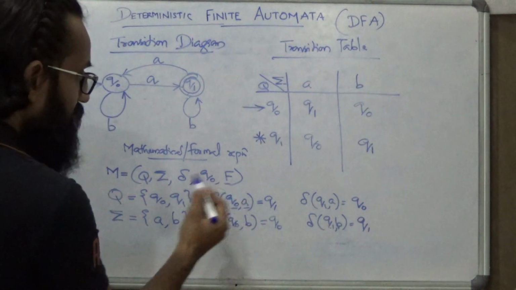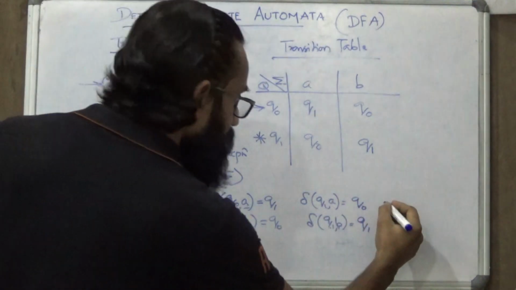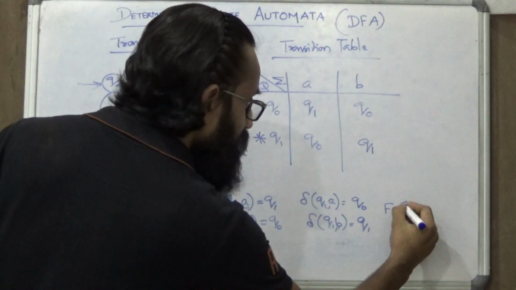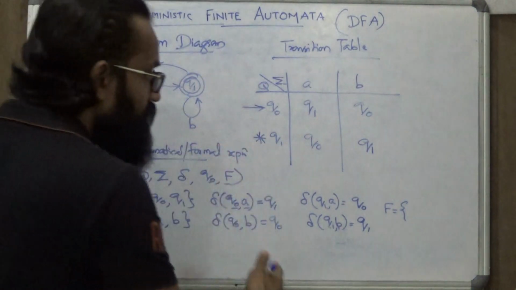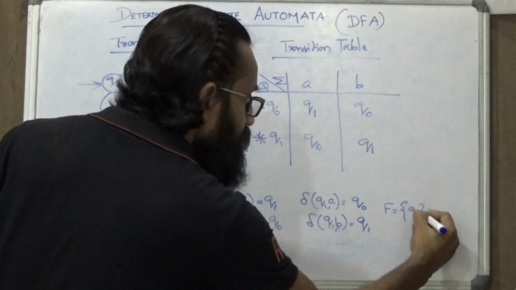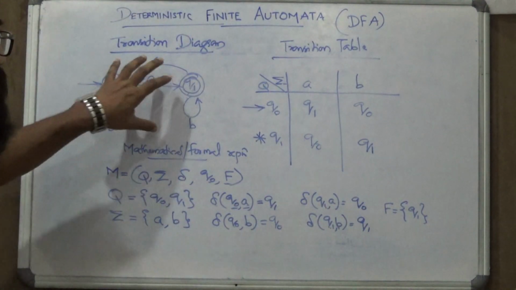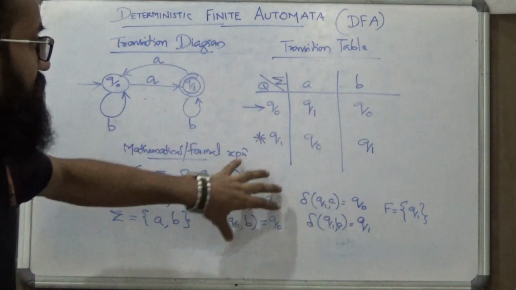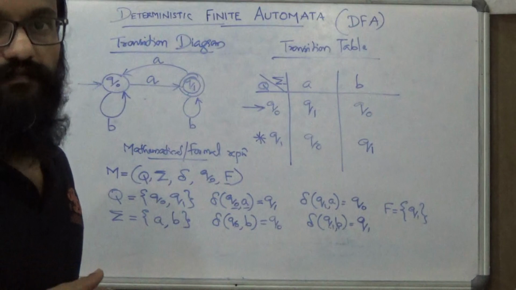Now the last component is F. Q0, you know, is the start state. And F is a non-empty finite set of final states. You have only one final state in this model, that is Q1. So all these representations actually represent the same mathematical model.